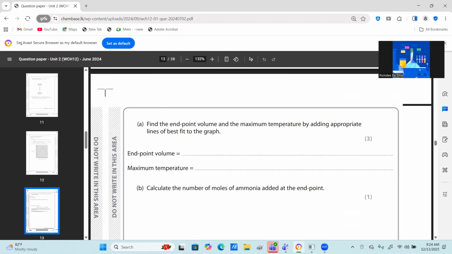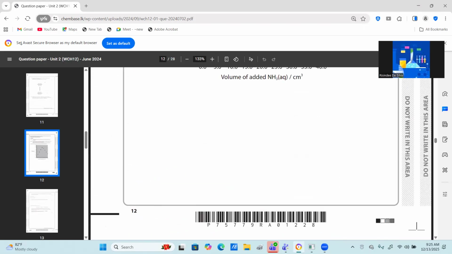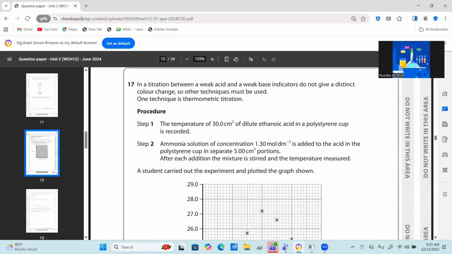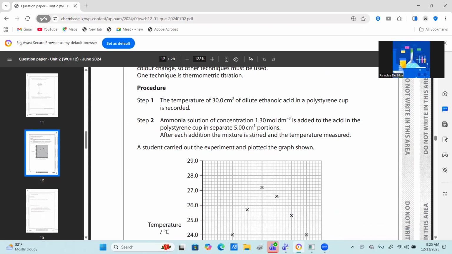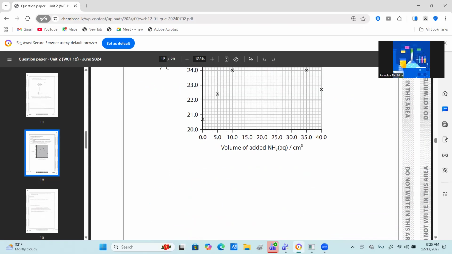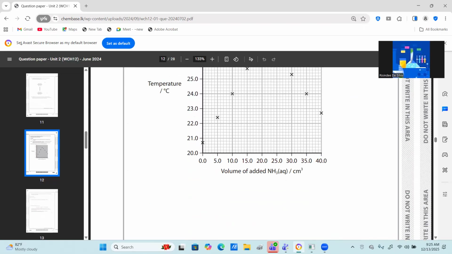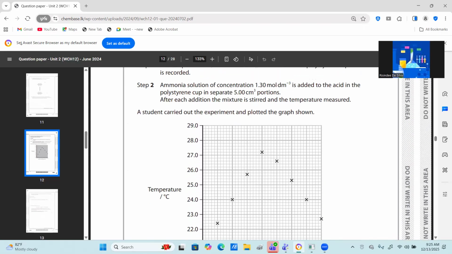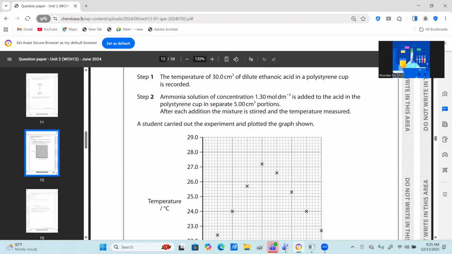Calculate the number of moles of ammonia added at the end point. To do this, we have to find what information they have given. The concentration of ammonia they have given, and the volume of ammonia we found from the graph as 21. So if you know the concentration and the volume, we can easily find the number of moles of ammonia.